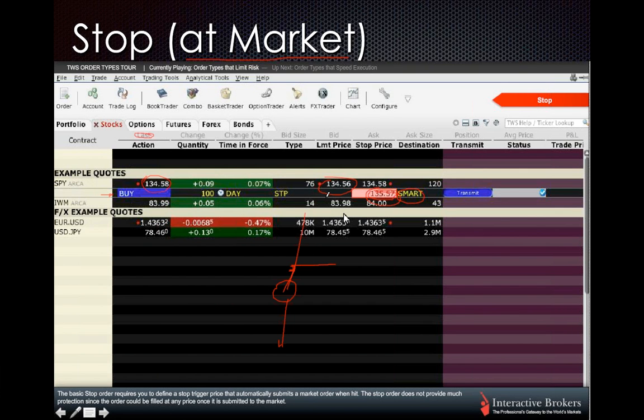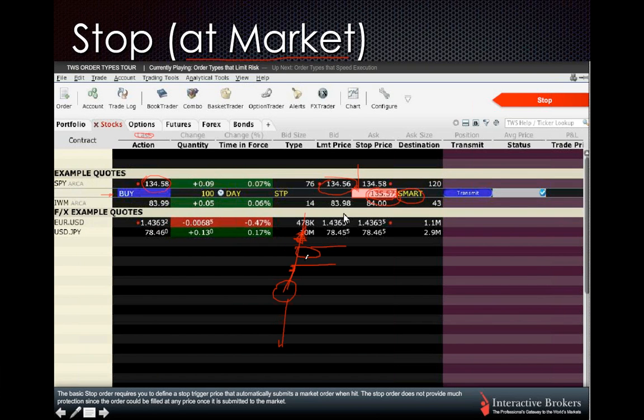So by placing a stop in these conditions, you can of course buy the shares if it goes up, but you don't know what price you're buying at. You're buying at market. Once it goes to 135.57, and it's just 1 point above, then it's a middle price you can see here.